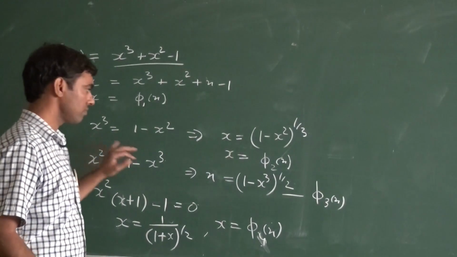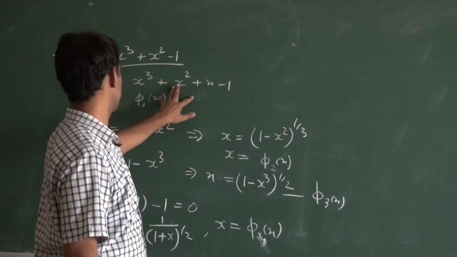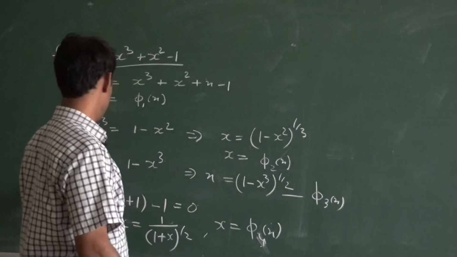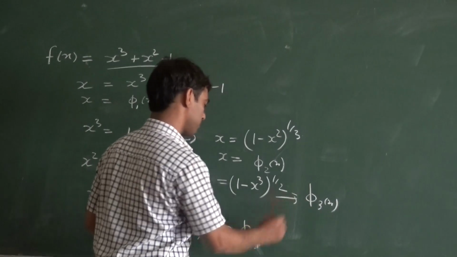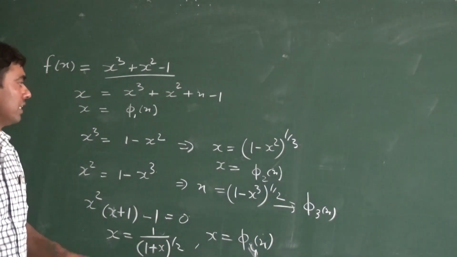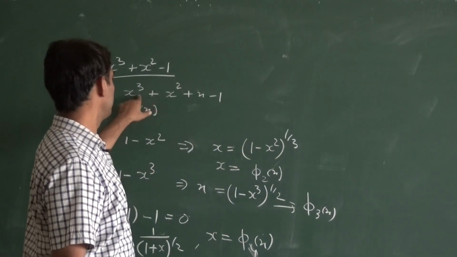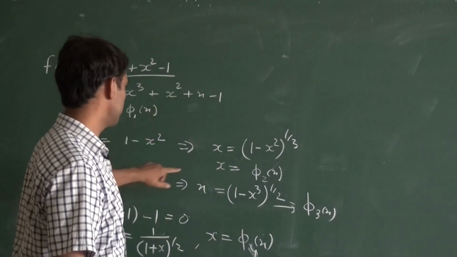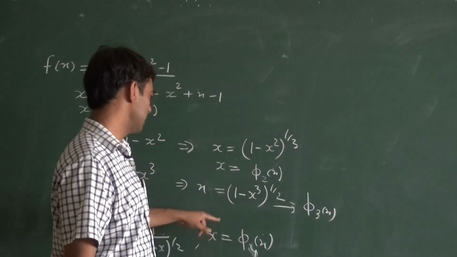So this is phi 1 x, this is one form of x equal phi x, and this is another form, and another, and another. Here phi 1 x is x cube plus x square plus x minus 1, and here phi x is 1 minus x square to power 1 by 3.